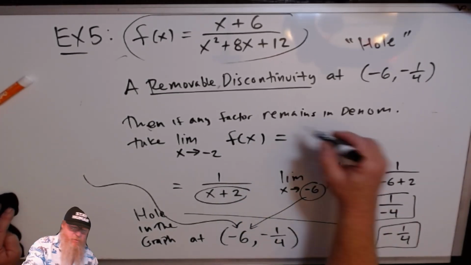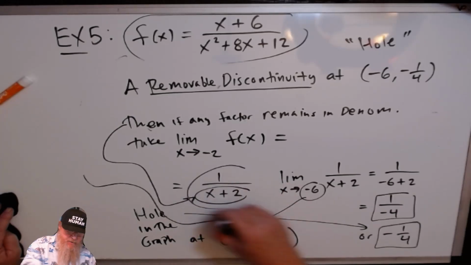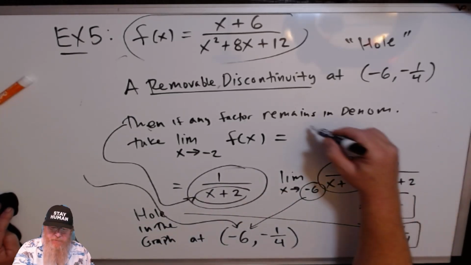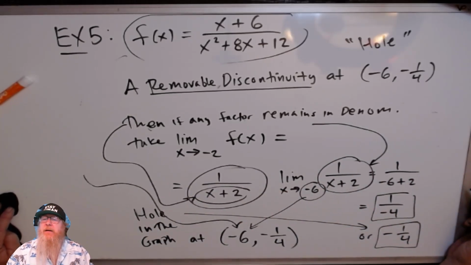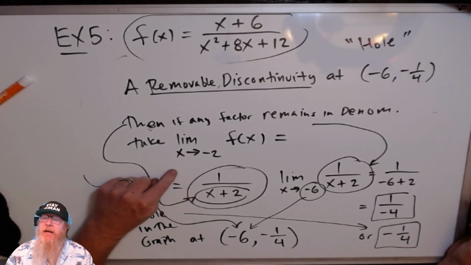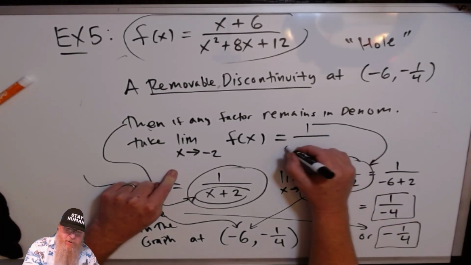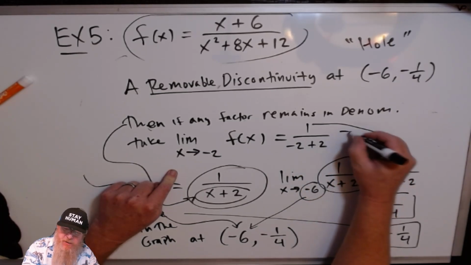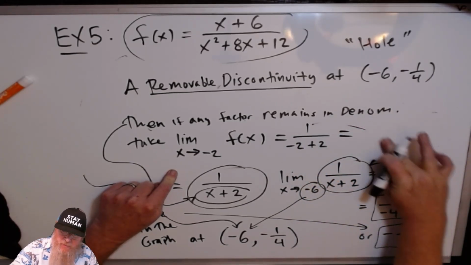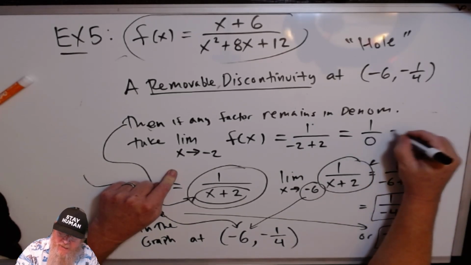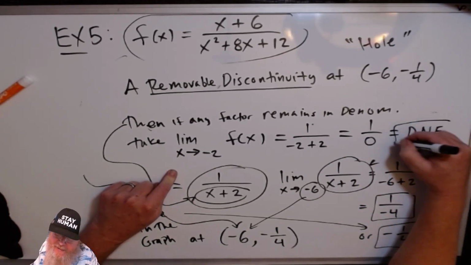So this factor remains in the denominator after we simplified it. We're going to take another limit, and we're going to get 1 over negative 2 plus 2, which is 1 over 0, which is dne.